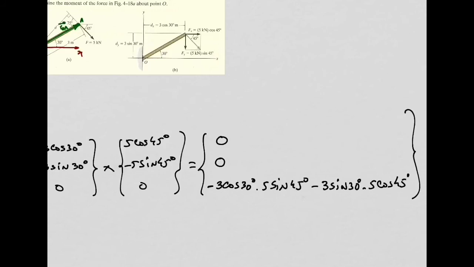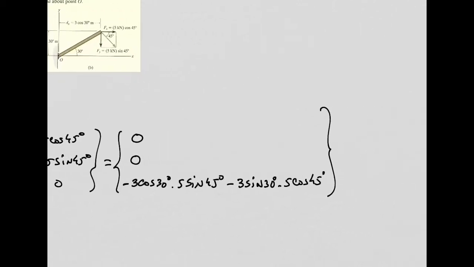So this is my moment about point O. And as you can see, in a 2D problem like this, the only component of the moment that is not 0 is the z component.